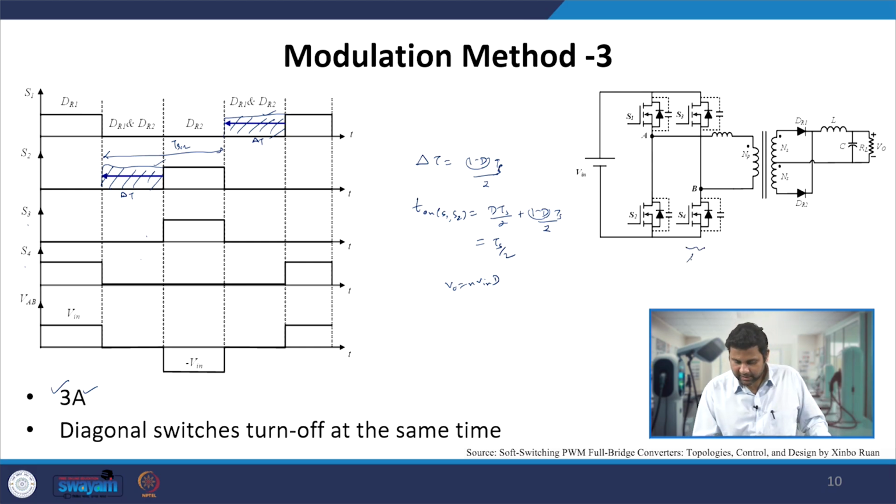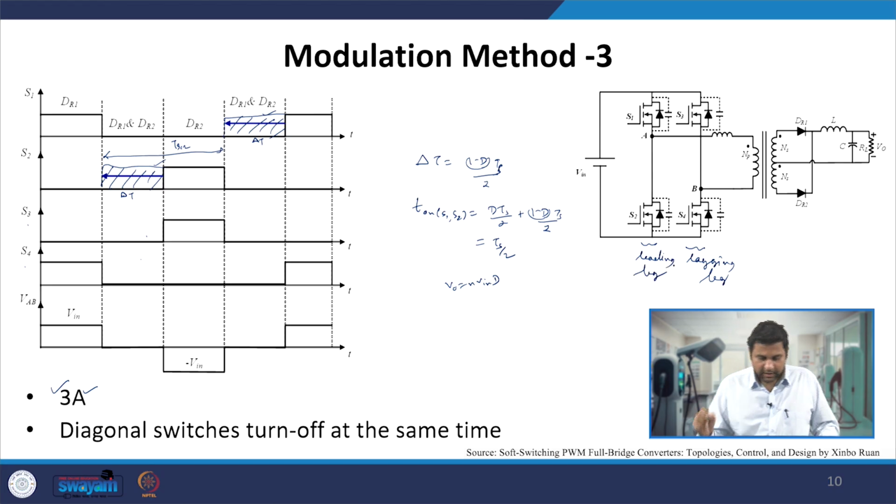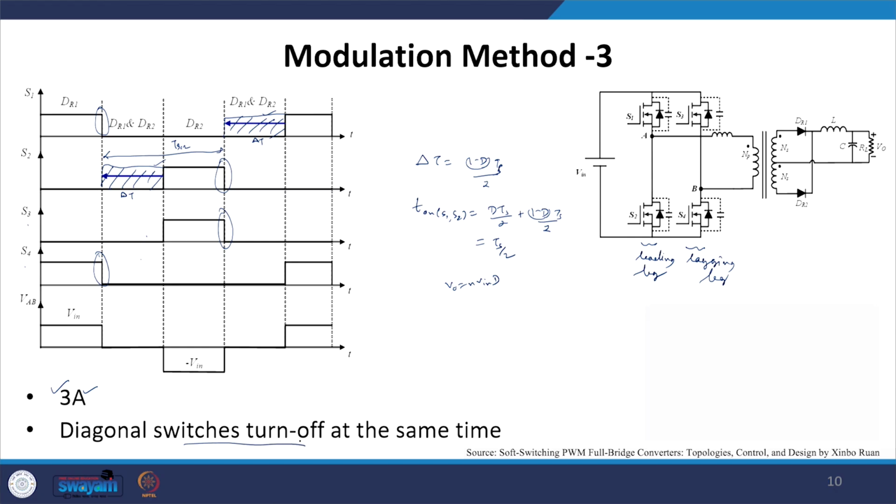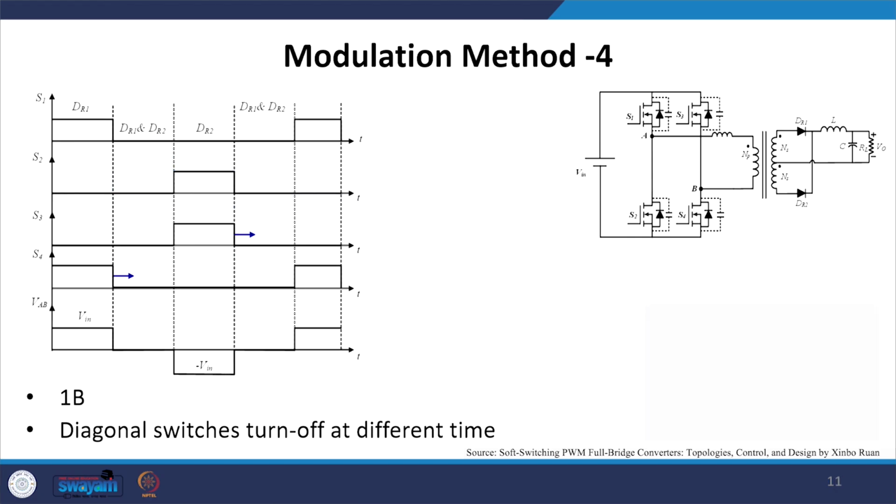So this is my lagging leg, and we know that this is our leading leg. And if you look very carefully, during the turn off, the diagonal switches, S1 and S4, and S2 and S3, are turning off at the same time.